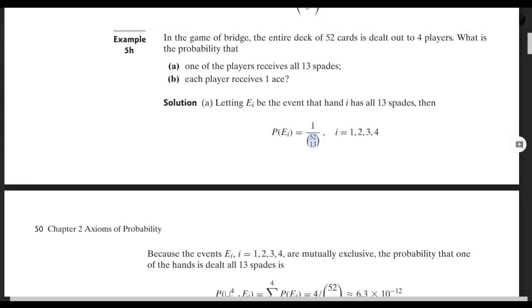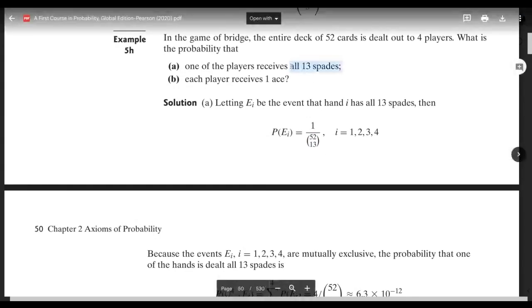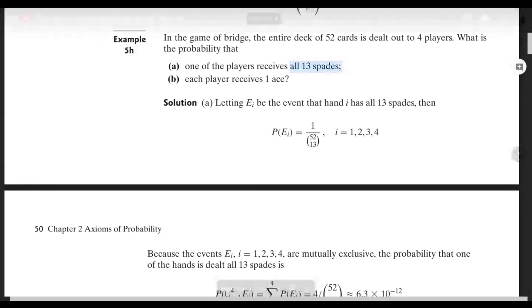Because out of 52, we can choose any 13 cards. That's the sample space of having 13 cards, right? And what are the outcomes? Get all 13 spades. This is 1. This is 1 suit, a spade, and a spade has 13 cards. So that's why the probability of that is 1 out of 52 choose 13.